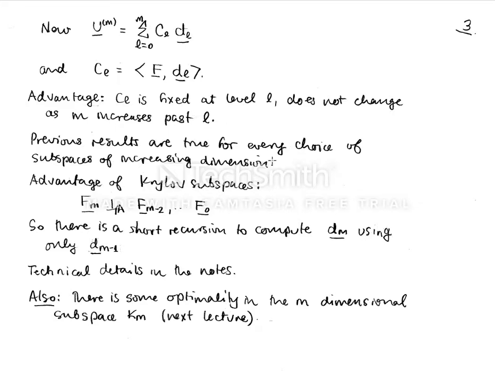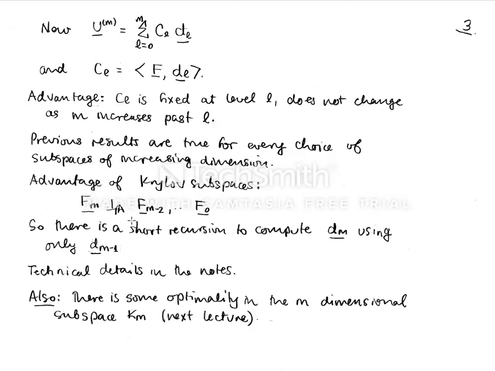Well, there's two advantages. One is if you look at the next Krylov subspace vector that comes out, okay, it's not exactly F_m, but anyway, the next thing that comes out, and you'll see in the notes, it is going to be A orthogonal to all of the previous vectors except the preceding one.